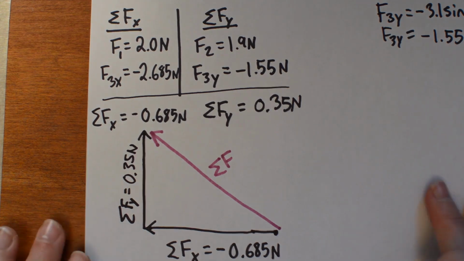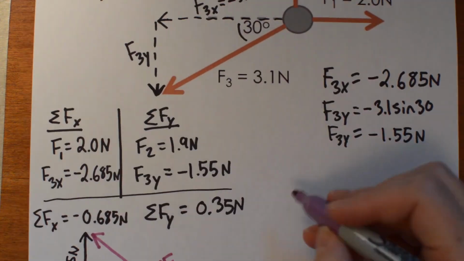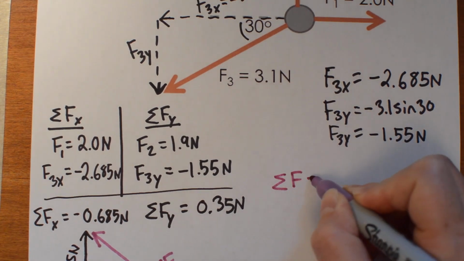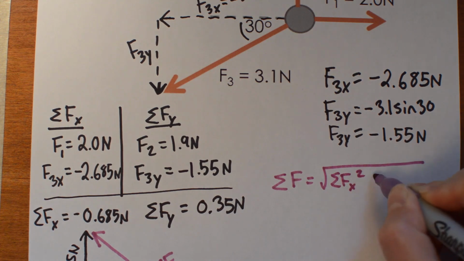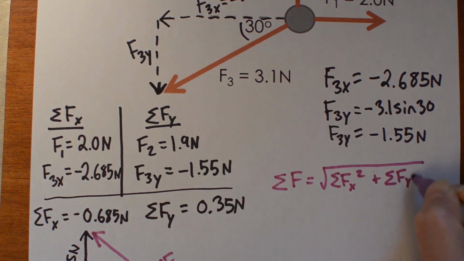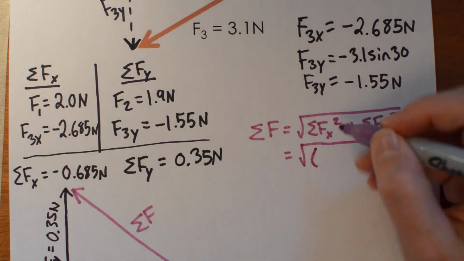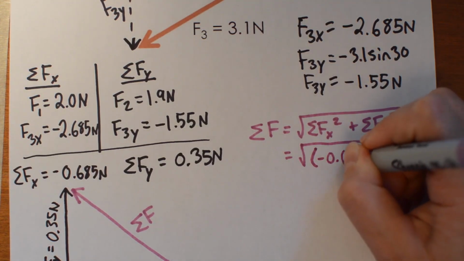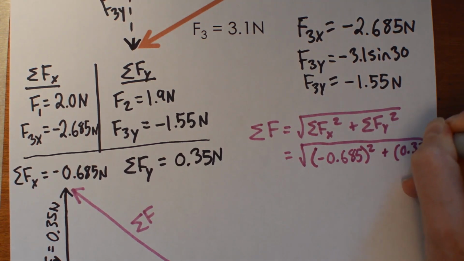I can use the Pythagorean theorem for getting net force here. I'll do that up here. So net force is going to be the square root of the net force in x squared plus the net force in y squared. Plugging in my numbers, that's the negative 0.685 squared plus the 0.35 squared.